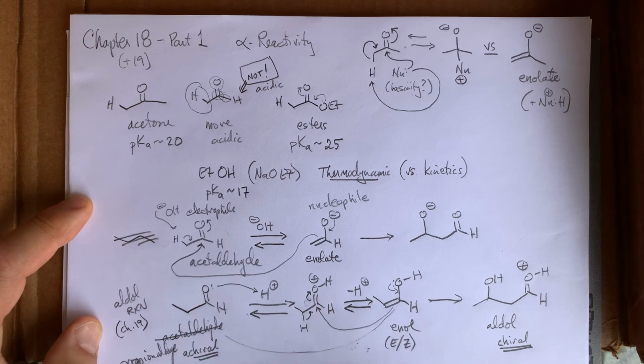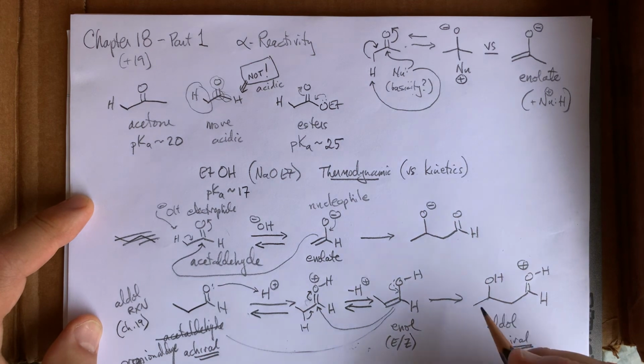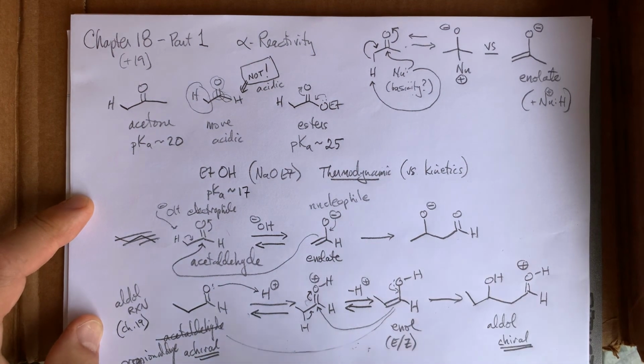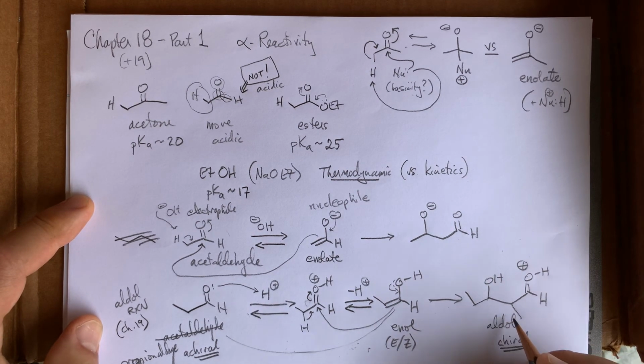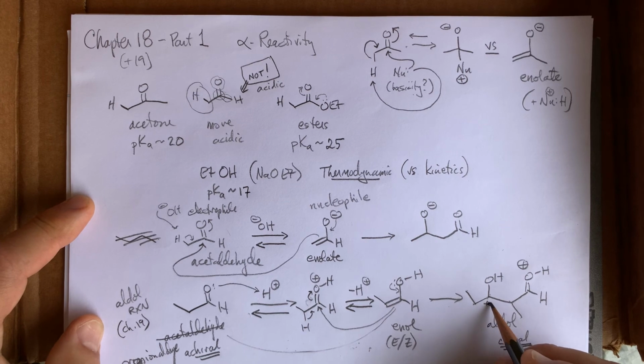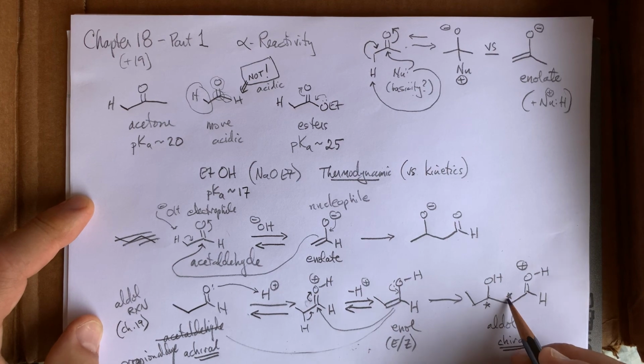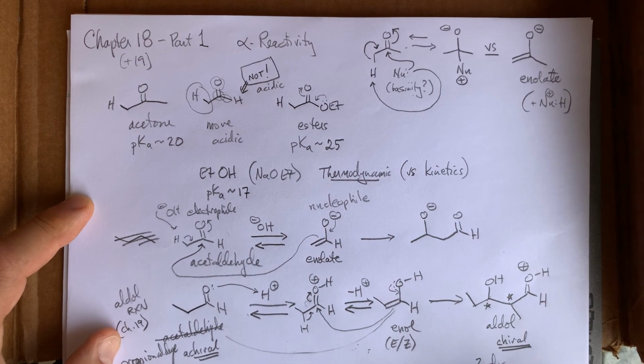We will also form the E enol, and when we make the aldol product, talking about aldol as a reaction, not a compound, you'll have a hydroxypentanal, but it's actually a methyl hydroxypentanal, 2-methyl-3-hydroxypentanal, but we have not only one stereogenic center, we actually have 2 now. So 2 diastereomers.